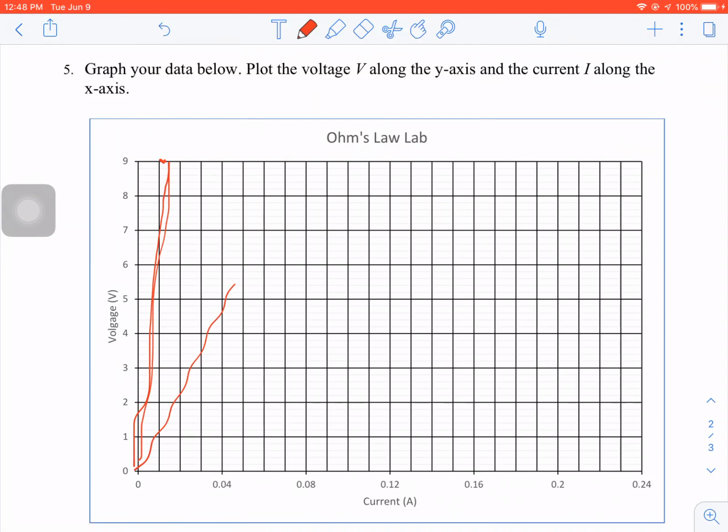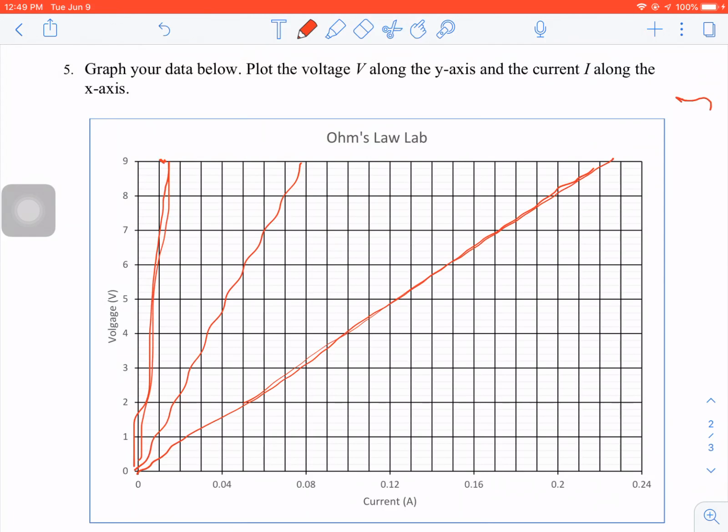And then when I look at my 40 ohm data, I should have something that's going to look more like that. Now that I'm thinking about it, I wonder if I put my ruler right on my iPad here, if I could get a straight line. Look at that. So that might be the easiest way to get a straight line.